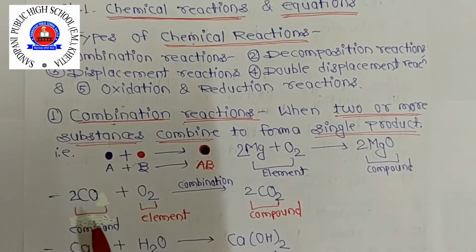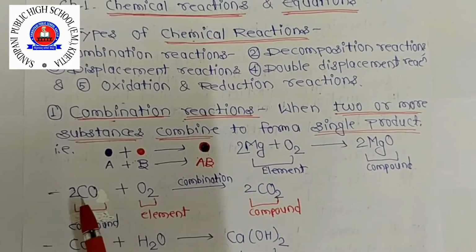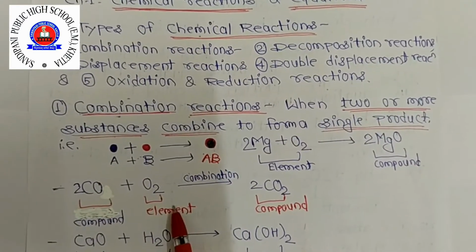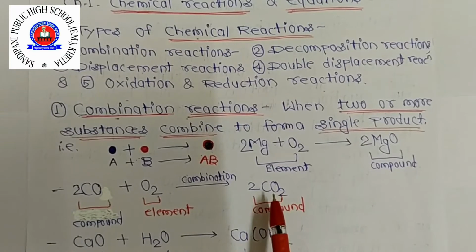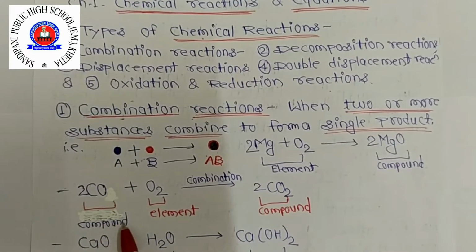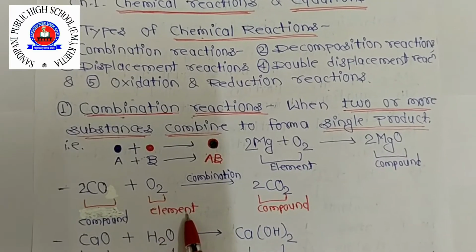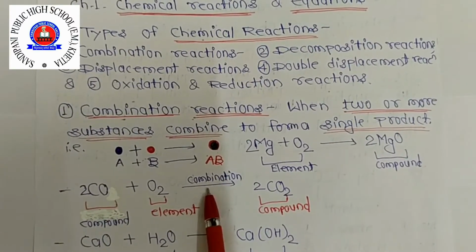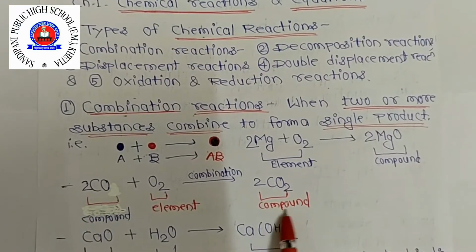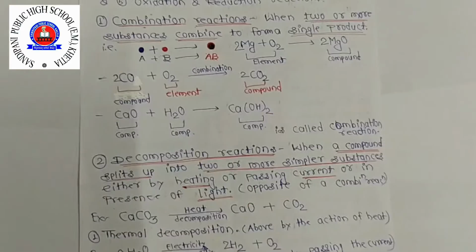Second, look here, this compound carbon monoxide reacts with oxygen and forms carbon dioxide. So here carbon monoxide is a compound, and oxygen is an element, and they combine together and form carbon dioxide, a compound. Clear?